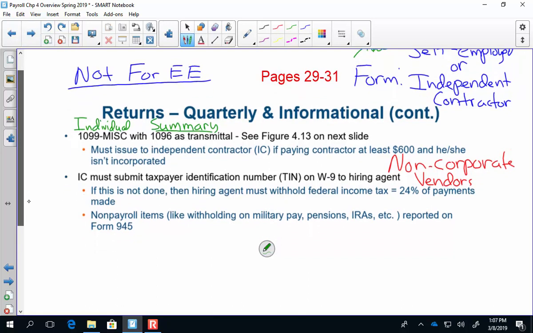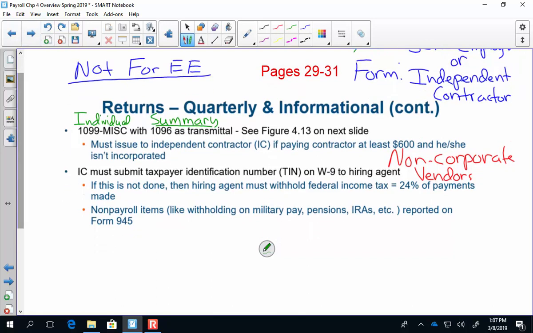Now, if you have an individual working for your corporation, please be aware if they don't give you an identification number, Social Security number in most cases, you are required then to withhold 24% of their payment for tax purposes or withholding purposes. So that's, again, the general rule.